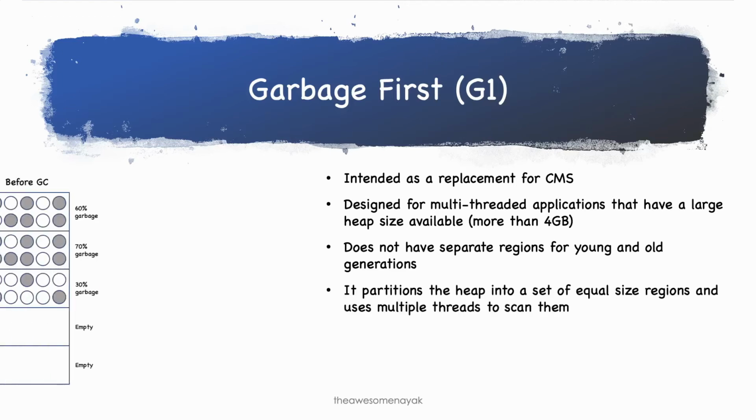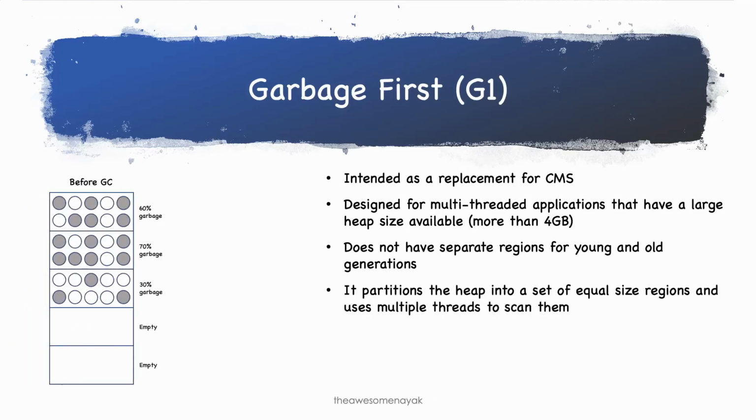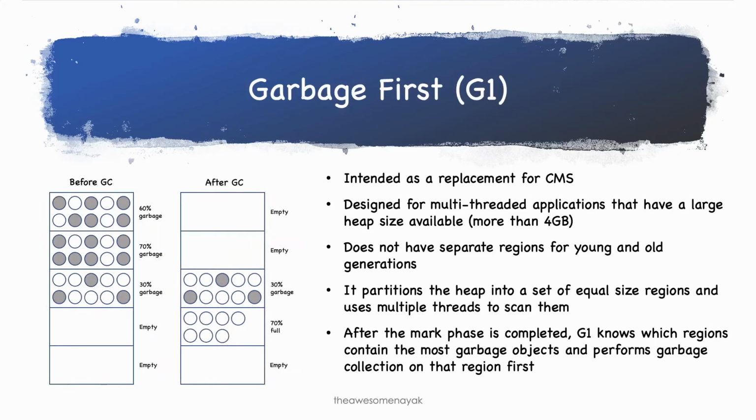It partitions the heap into a set of equal sized regions varying from 1 MB to 32 MB, depending on the size of the heap, and it uses multiple threads to scan them. A region might be either an old region or a young region at any time during the program run. After the mark phase is completed, G1 knows which regions contain the most garbage objects. If the user is interested in minimal pause times, G1 can choose to evacuate only a few regions.